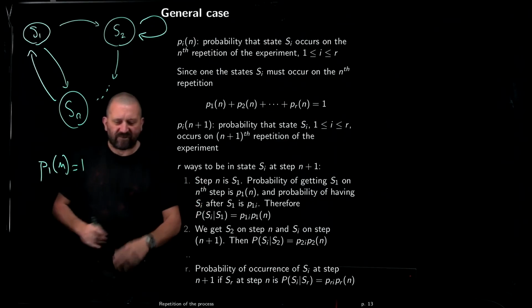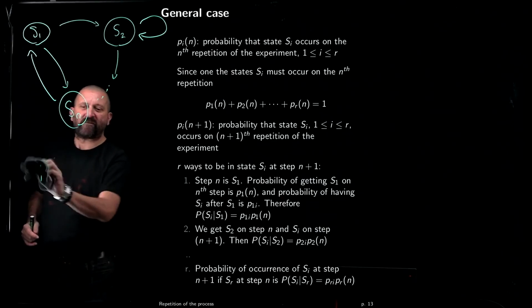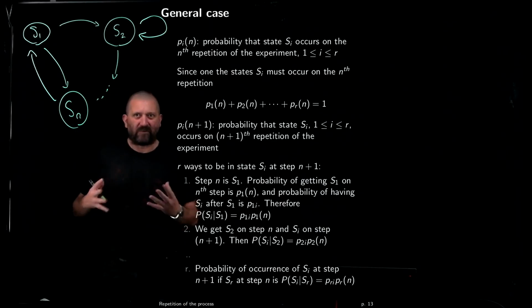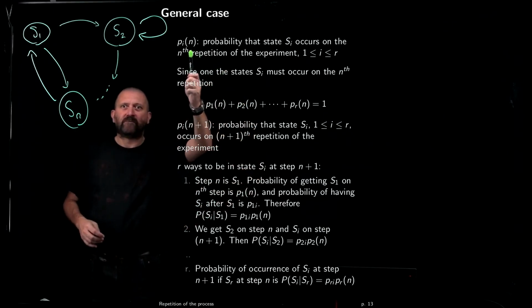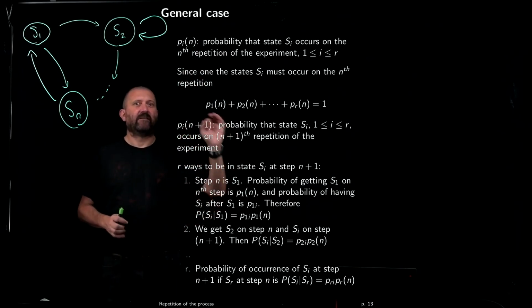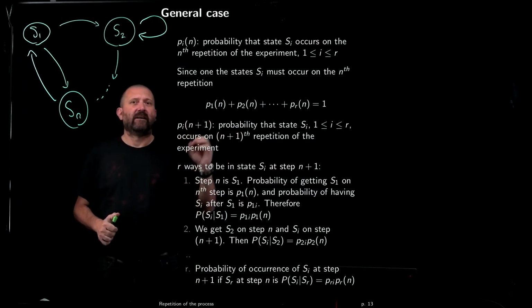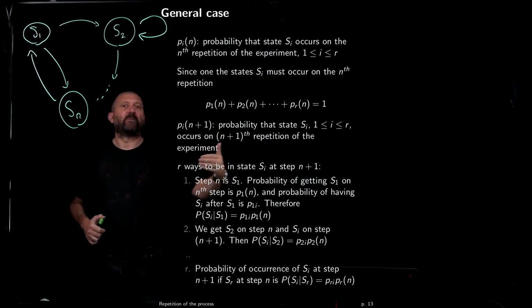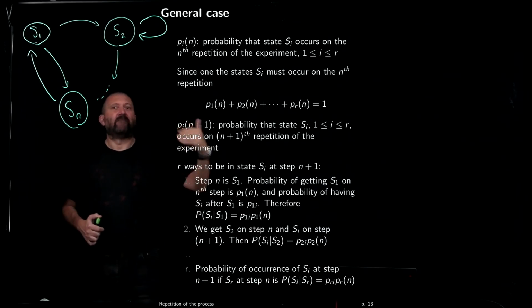So we define those numbers, and I'm going to erase this one because this one is a really particular case. We define the probability p_i of n that the system is in state i at the nth repetition of the experiment, that is the nth time step.